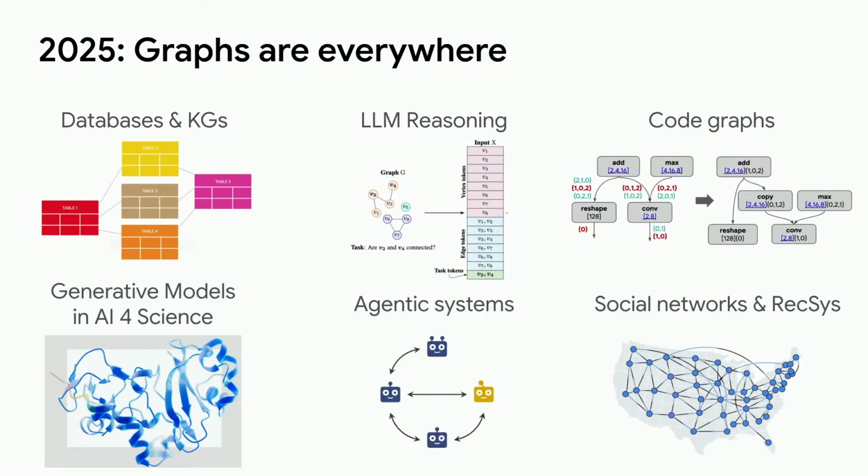So yeah, 2025. As much as you would think that LLMs are everywhere, I will also say that graphs are everywhere. They come from lots of relational learning applications, from databases. We have a bunch of LLM reasoning. LLM reasoning, if you squint an eye, is actually very much a graph learning problem. There are a lot of applications in coding, code graphs, and some big data sets for that.